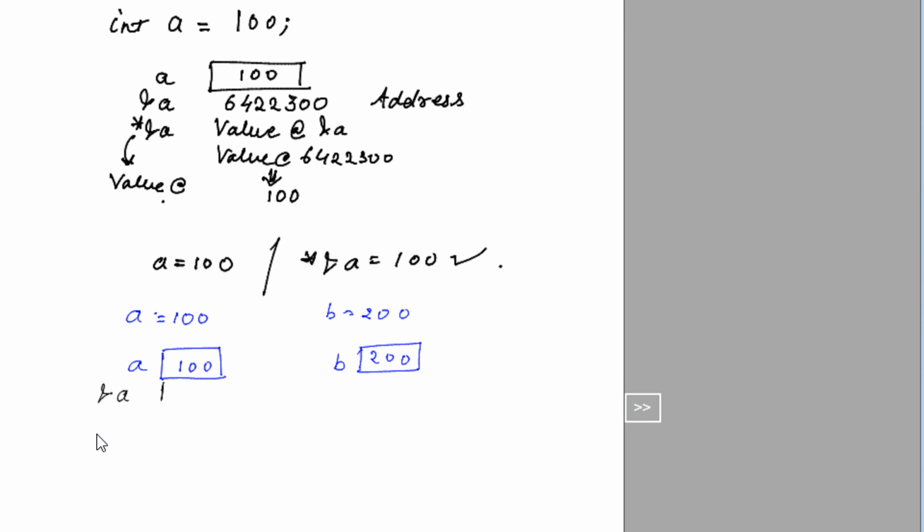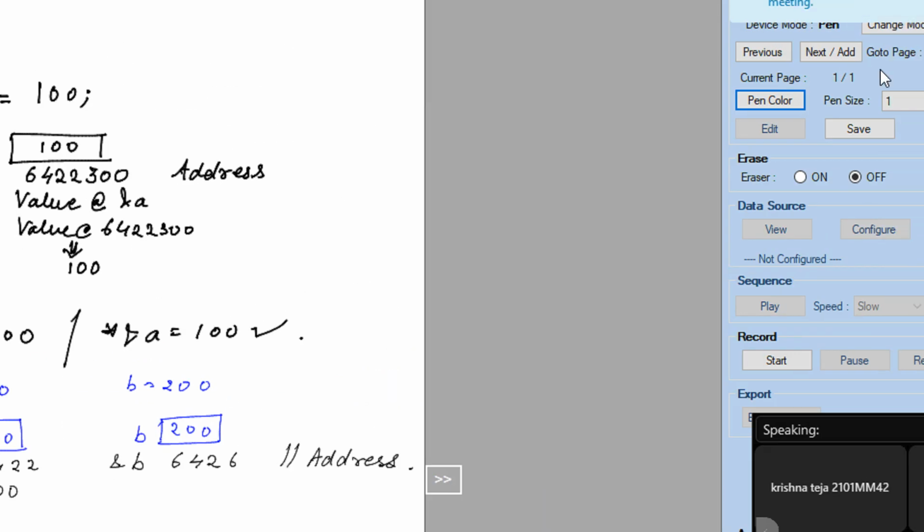So ampersand A means some memory address, let's say 6422. I'm just assuming some simple address. And ampersand B is, let us say, 6426, because both are integers, so separation of 4 bytes, right? So this basically is the address. And as I said, star ampersand A is also equal to 100. Okay, let me use a different pen color.